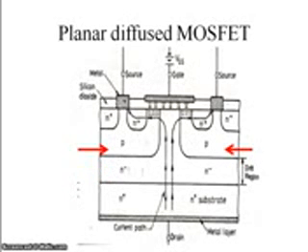Now on the other side of the N plus substrate, that is this part, a metal layer is deposited to form the drain terminal. Here this shows the drain terminal.